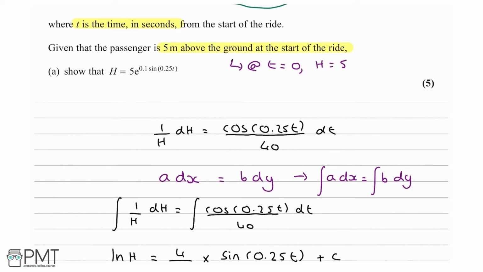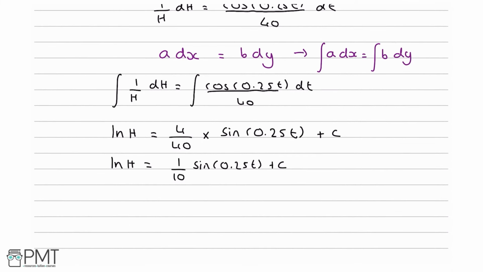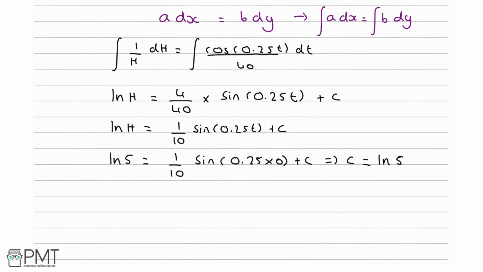So we can say that ln 5 equals 1 over 10 times the sine of 0.25 times 0 plus c. And if we look at this, 0.25 times 0 is 0, so sine of 0 is also 0, and 1 over 10 times 0 is 0. This means that c equals ln 5.